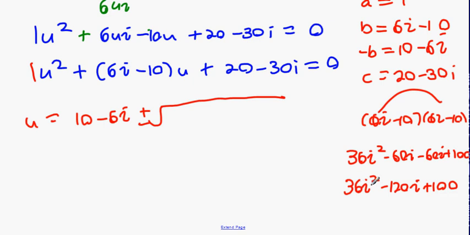Now this 36i squared is minus 36, and minus 36 from 100 is 64, so we're going to have 64 minus 120i. That's the b squared part.